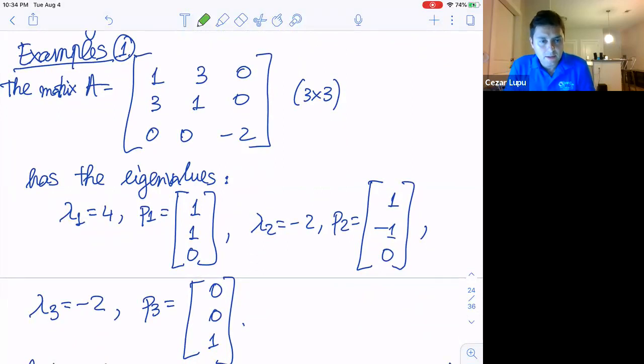It has 3 eigenvalues, well, 2 of them are the same. Lambda 1 equals 4, and its corresponding eigenvector is 1, 1, 0. Lambda 2 is negative 2, and the corresponding vector P2 is 1, negative 1, 0. And for lambda 3 equals negative 2, it will have a corresponding eigenvector 0, 0, 1.